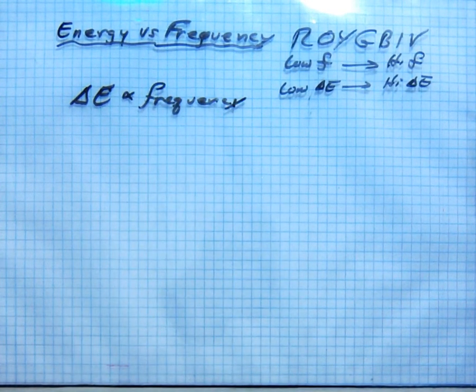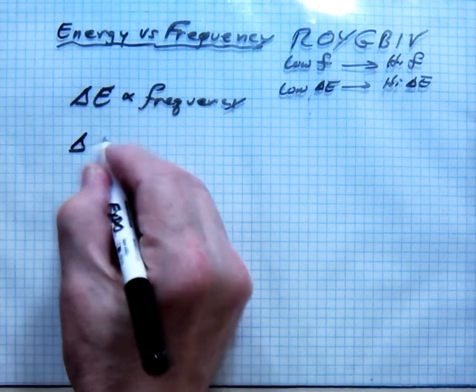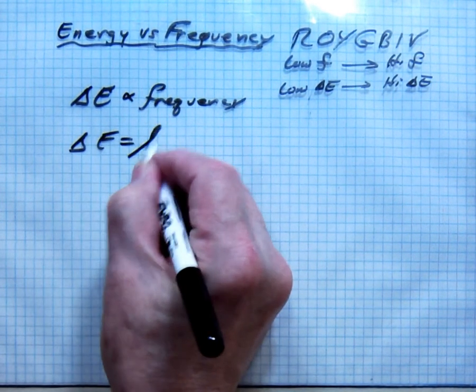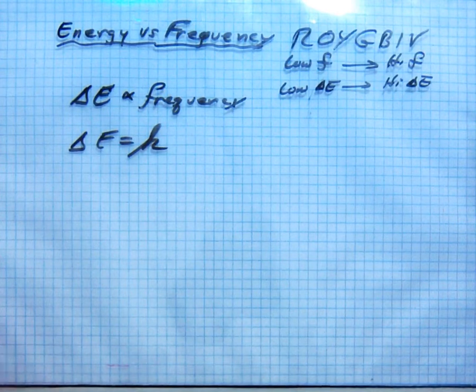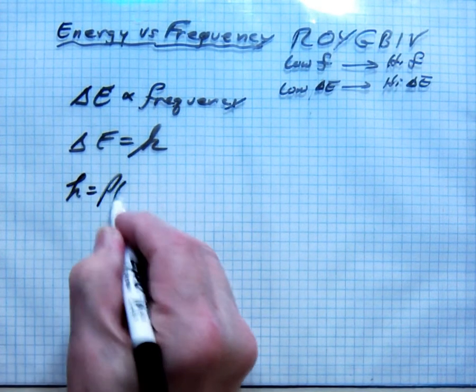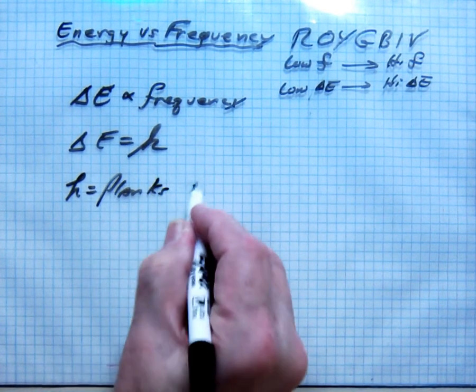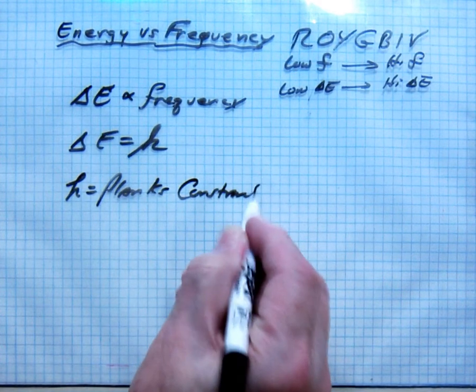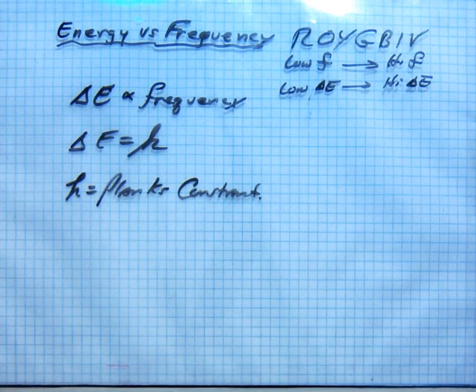Now, unfortunately, the connecting proportionality constant is not the speed of light. It is called Planck's constant, and it's given the symbol h. I'm sure that's not spelled right, you can look it up, but I always spell it Planck's constant.